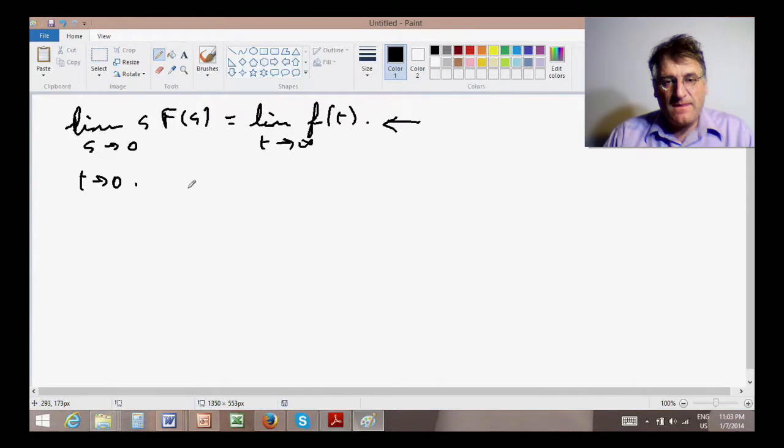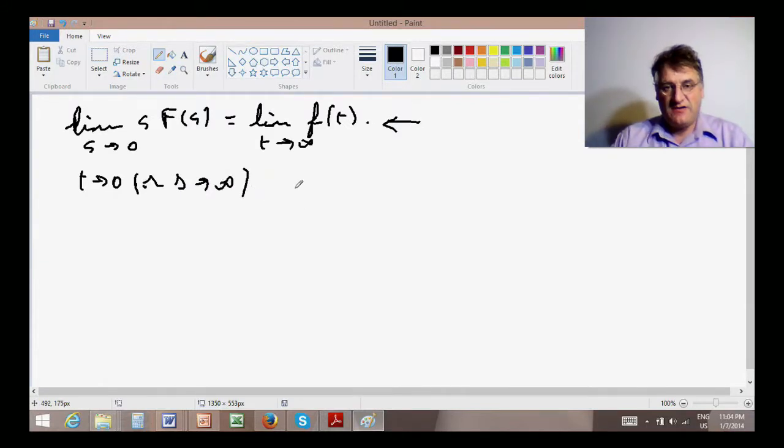So, I mean, look at this. Possibly the best way to do that is by looking back at the Laplace transform.